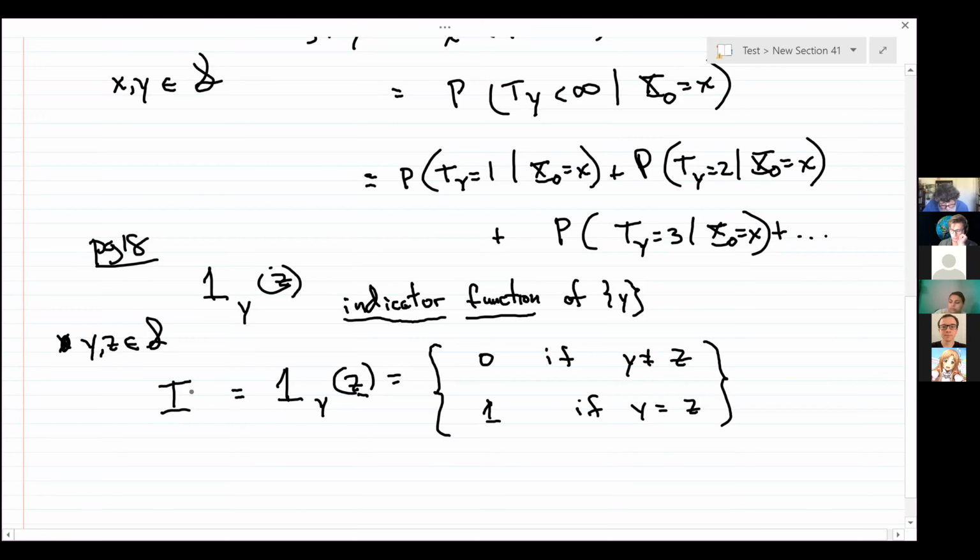This capital I there refers to the word indicator. And what are the values of this function? It's either 0 or 1. Normally, you're interested when it's 1, because when 1 happens, something interesting happens: the two states are the same. And if they're not the same, that's not quite as interesting.